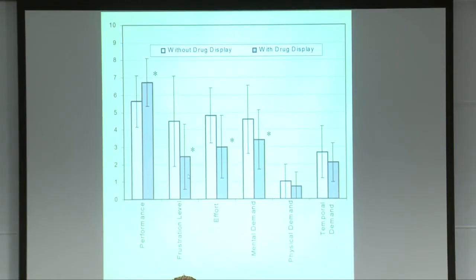And when the drug display was used, these measures favored the use of the display. And our residents and anesthesiologists in the latest study report that they perceive that the drug display's prediction of return of consciousness is a better prediction of when the patient actually awakes than is the processed EEG or their own self-assessment of time to awake.